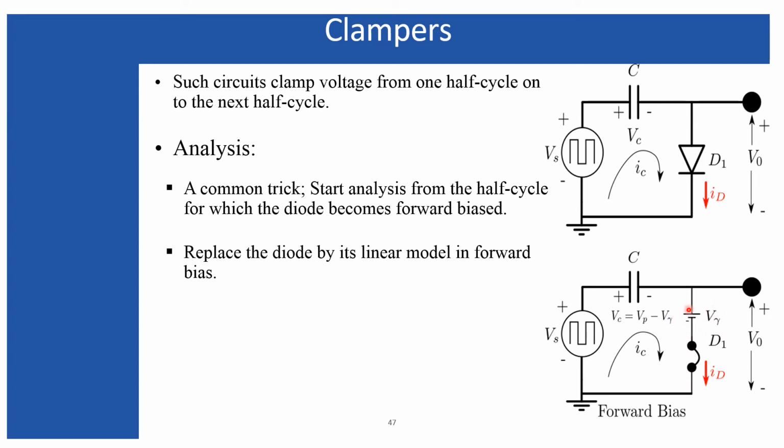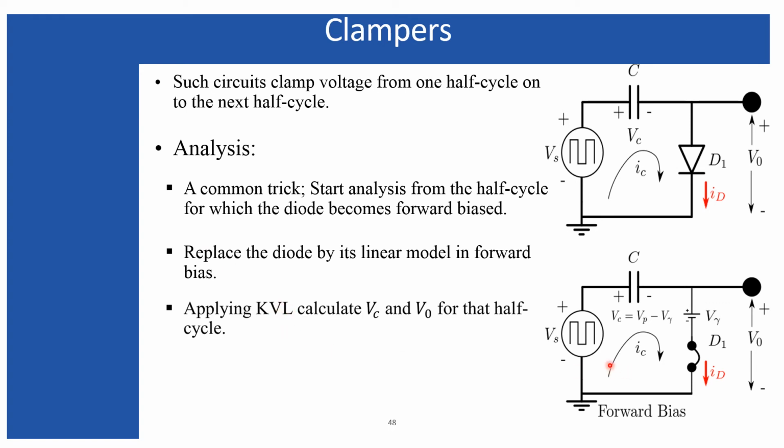You can consider this V gamma equal to 0, and you can replace the entire diode using a short circuit, which replaces the non-ideal diode by the ideal assumption. But the presence of V gamma will help you to understand what happens when you replace the non-ideal diode by its ideal equivalent. That thing you can understand by using this V gamma. That is why I kept it unchanged. Now let's see.